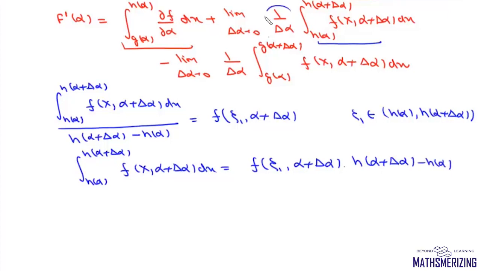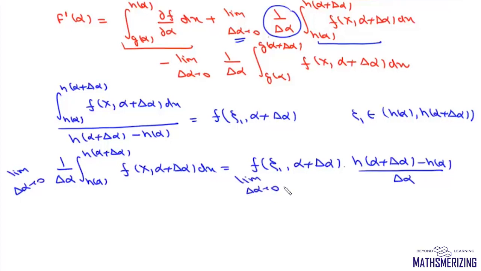Now we also have this 1 upon delta alpha. So we'll multiply it with 1 upon delta alpha, and then we'll take this limit delta alpha tends to 0. Now when this limit delta alpha tends to 0, this is nothing but the derivative of h with respect to alpha. So it will be nothing but h dash alpha. Now what about this function?